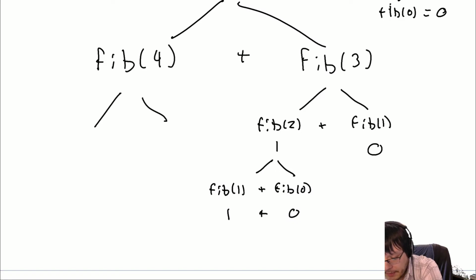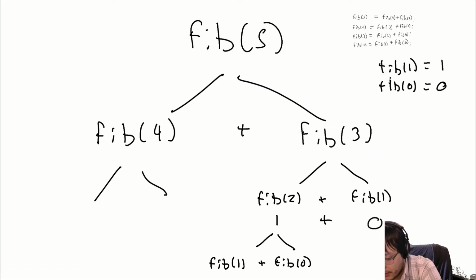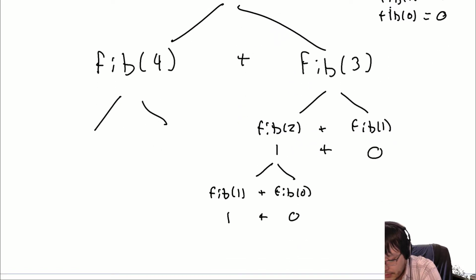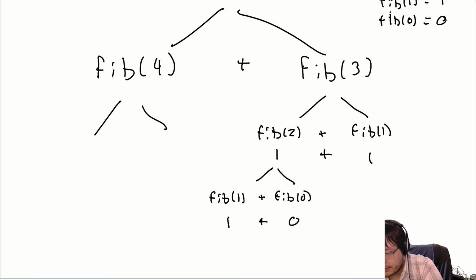Because now we have the left and the right, we can do this addition, and it tells us that Fibonacci 3 is equal to Fibonacci 2, which is 1, plus Fibonacci 1. Oh, I made a mistake. This is actually 1 here, because that's 1 there.